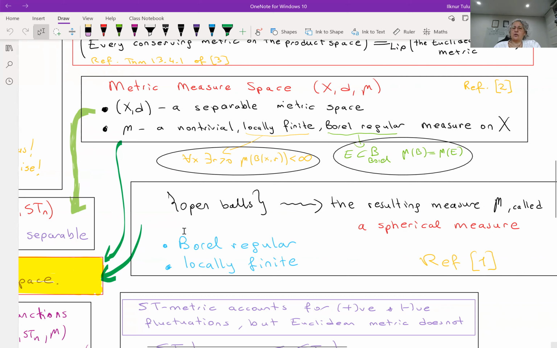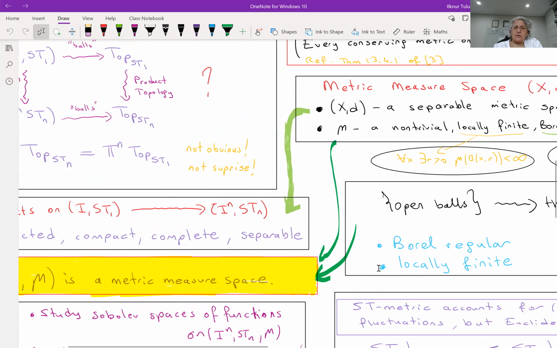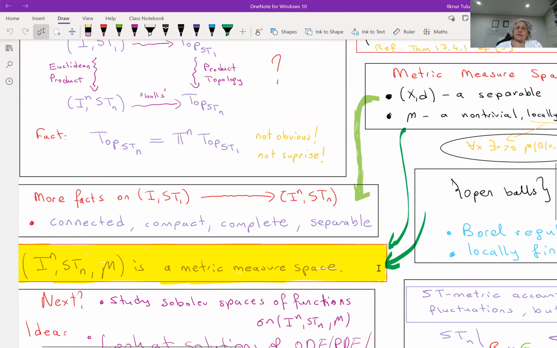And the spherical measure is by definition Borel, regular, and locally finite. So all these will give me the result that I want: the n-dimensional unit cube with the ST metric, and the measure defined on the open balls induced by this ST metric, is a metric measure space.